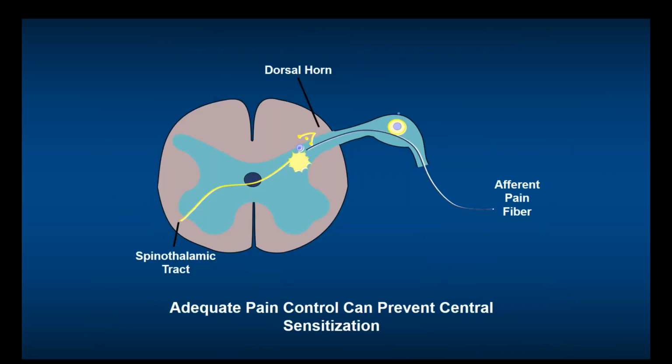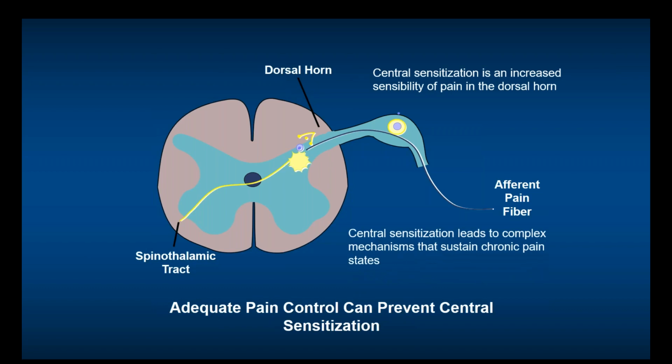And if you drill down more specifically into the dorsal horn, you can see that there's afferent pain fiber input that goes into the dorsal horn. And as a result of that, there is an increased sensibility of pain in the dorsal horn because of this release of excitatory amino acids.